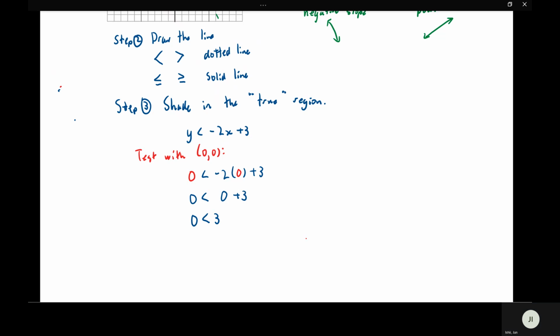Now we want to check whether this statement is true. In this case, 0 is less than 3, so this is true. What that implies is that the point we chose, 0, 0, is in the shaded region.